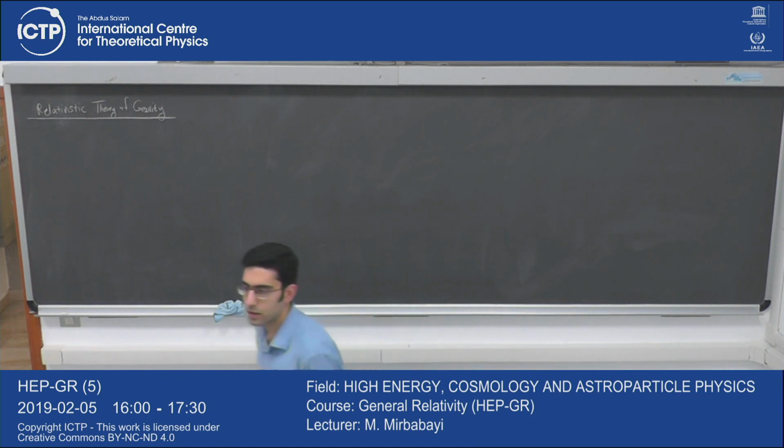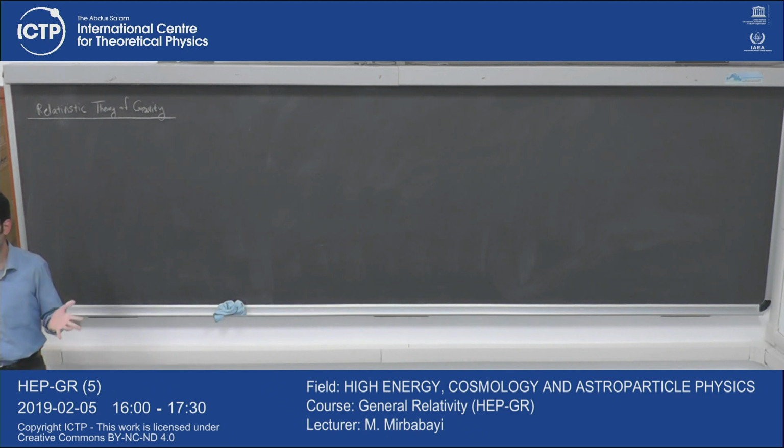And now we want to construct a theory of gravity that respects this symmetry. And of course, we also want to construct a theory that agrees with whatever we knew before, that reproduces the successes of Newtonian gravity.